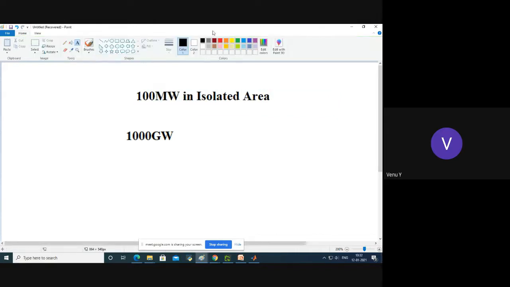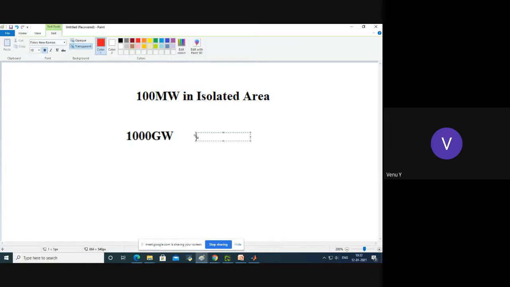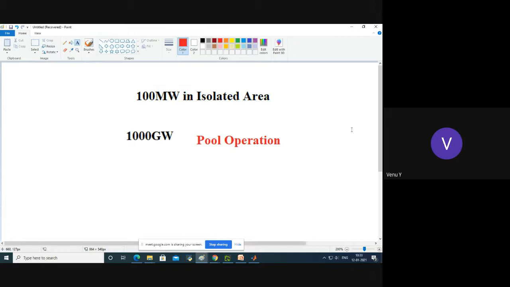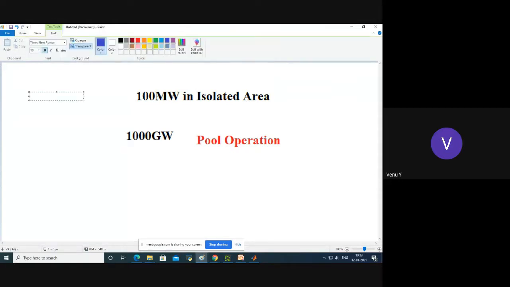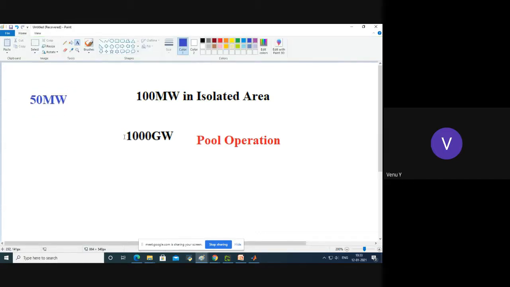Whereas 100 gigawatts is for pool operation. Suppose there is a 50 megawatts variation in both the areas. So the change in power is 50 megawatts for both the conditions.